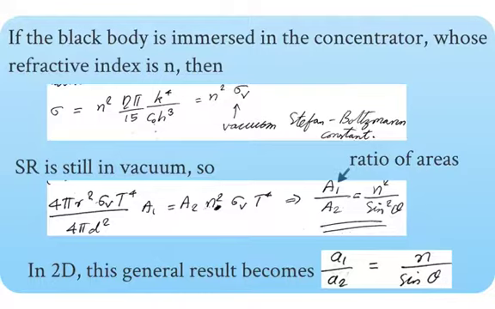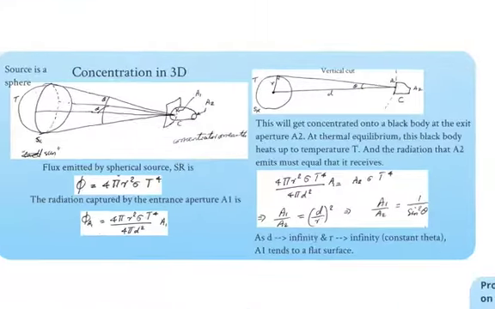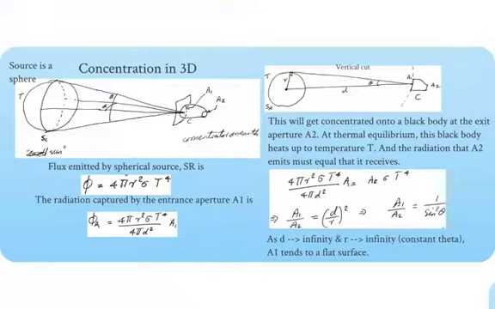And if I can increase sigma, if we go back to this equation, you will see that that's a big advantage. So remember, the source is still in vacuum. So in other words, if I look at this picture, the source is still in vacuum, but I'm putting this in some material whose refractive index is n. So I'm going to write this equation once more, where this sigma is the sigma in vacuum, and this sigma is now n squared times the sigma in vacuum.